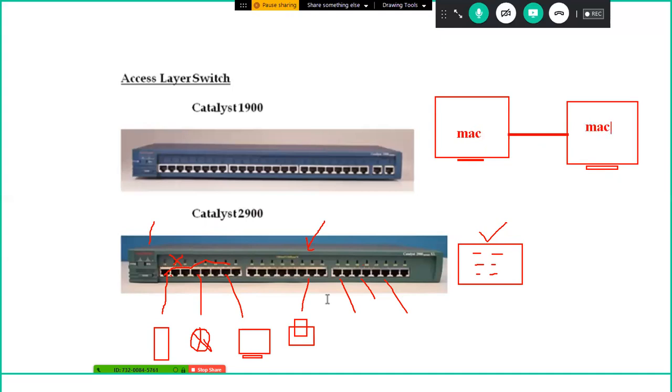So the MAC address doesn't help you create a network. It does not help all the machines you connect on a network to communicate. The MAC address is actually used by the switch to understand all the devices connected to different ports. So the MAC address is understood by the switch for its unique tasking.